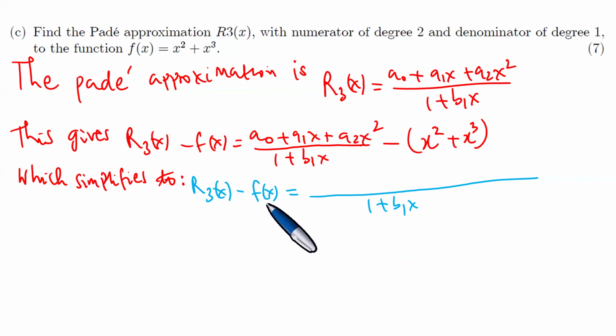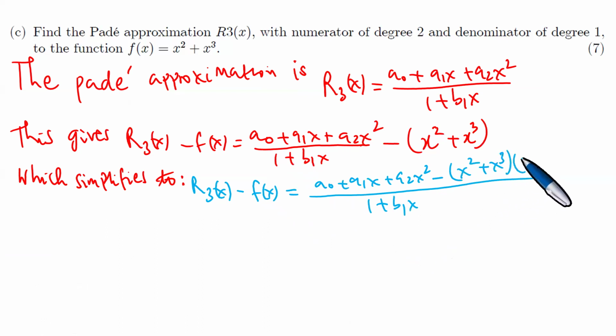So at this point we have a0 plus a1 x plus a2 x squared, minus, and then this becomes cross multiplication because it's the same denominator, so it multiplies this: x squared plus x cubed, times 1 plus b1 x. So that is what we're able to achieve. R3 minus f of x.